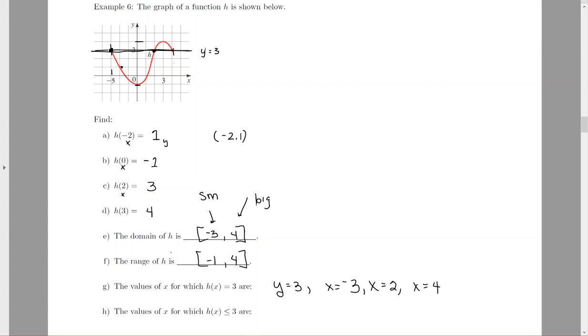We want to be less than or equal to 3. We want to be below the line. So notice I'm below here, where I'm kind of shading in. But also equals 3, on the line. I'm on the line, and over here, I'm on the line.